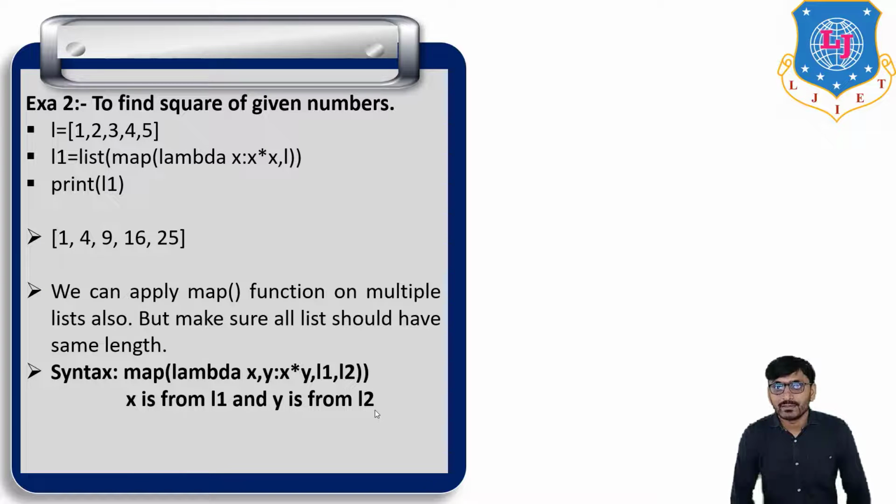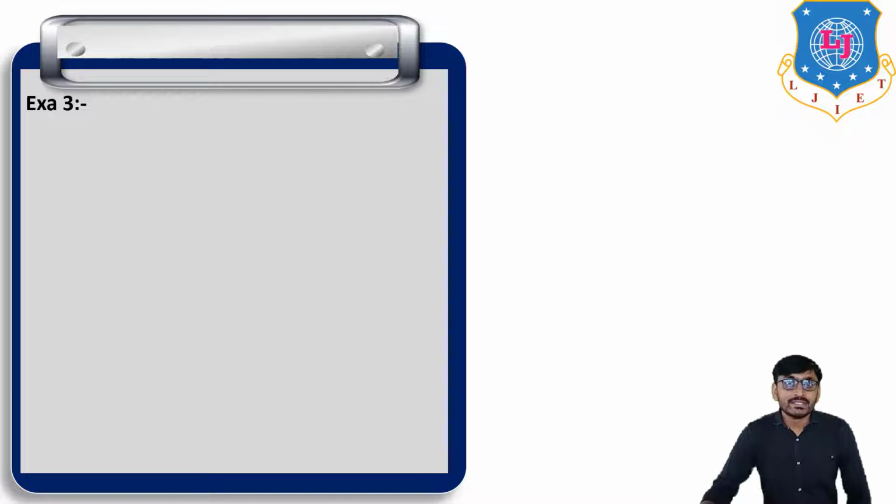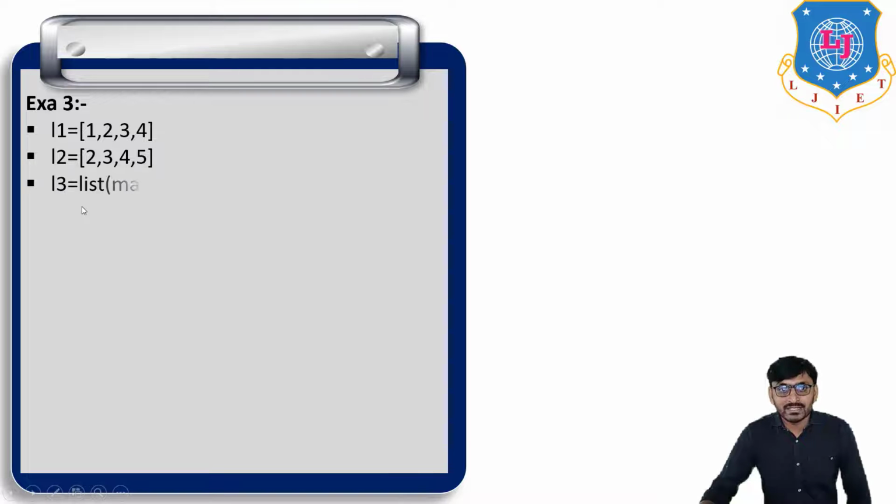and so on. Okay. Now for this concept, example number 3: L1, that is one type of list, L2, that is one type of list, then L3 is equal to list, inside the list the map function, inside the map function lambda x and y, and expression x into y, and there are two lists in sequence, L1 and L2.